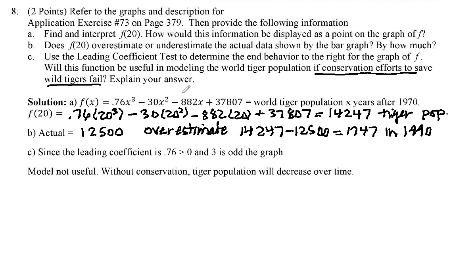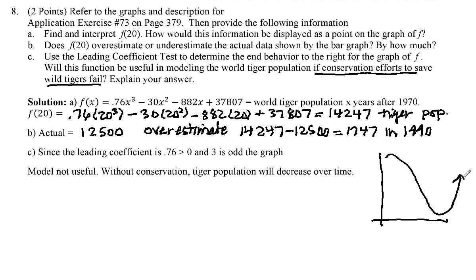And this portion of the graph that's estimating, that's a decreasing graph. It looks like this. Okay, and they want to know, well, if conservation fails, well, see, this graph turns around and starts going back up because it's a cubic graph.